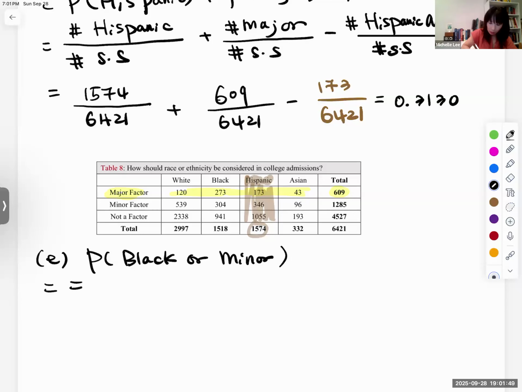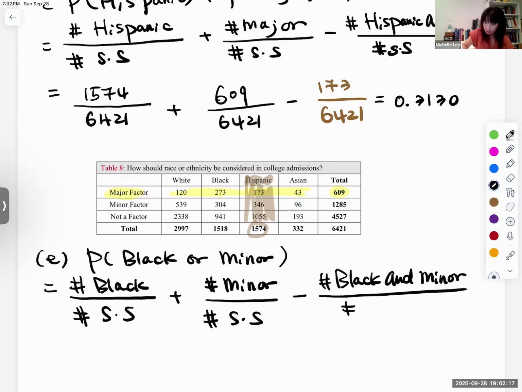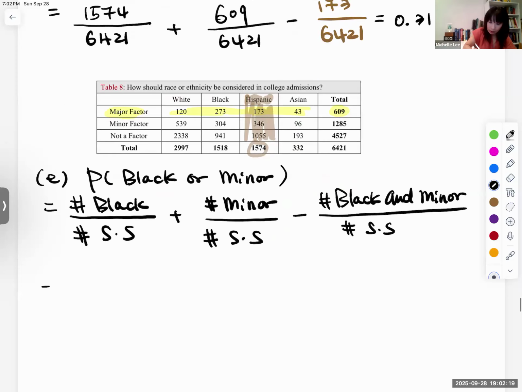So same, number of black over number of sample space plus number of minor over number of sample space. And then or part, we have to use that formula, right? Number of black and minor factor over number of sample space. Okay, so that will be 6,421.